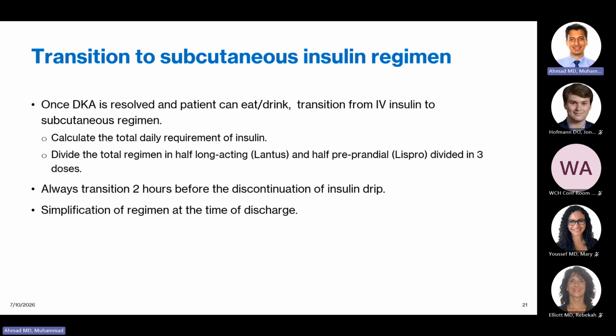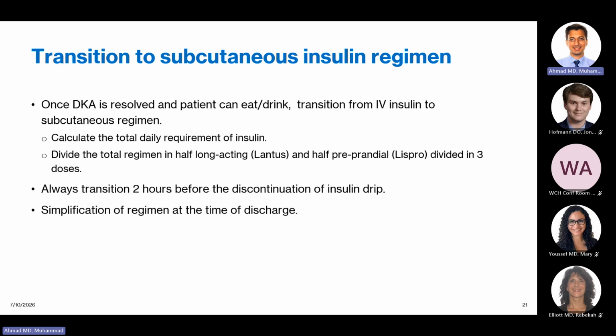And usually what we have to do is ask the nurse, who can see in the software how much Glucommander is telling them, because the rate is not going to be the same. Sometimes it's going to be 7 units per hour, sometimes 4 units per hour, right? So it's going to be tough when we have to calculate the total daily requirement of insulin.